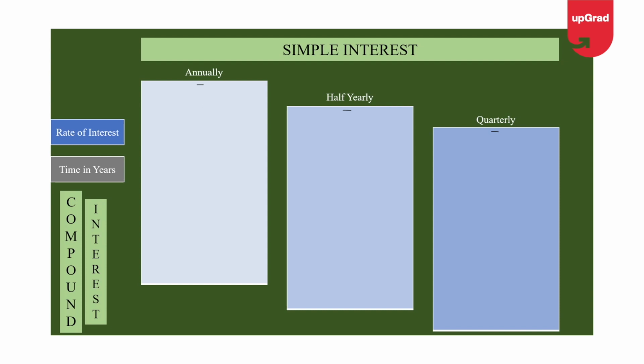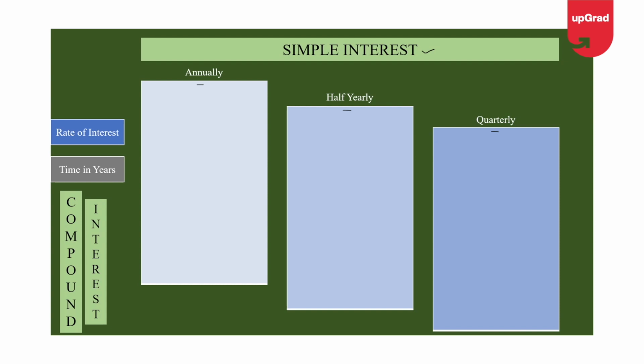And you can see a horizontal box at the top which says simple interest, which means for simple interest, there is no difference in the concept whether we calculate the interest annually, half yearly, or quarterly.